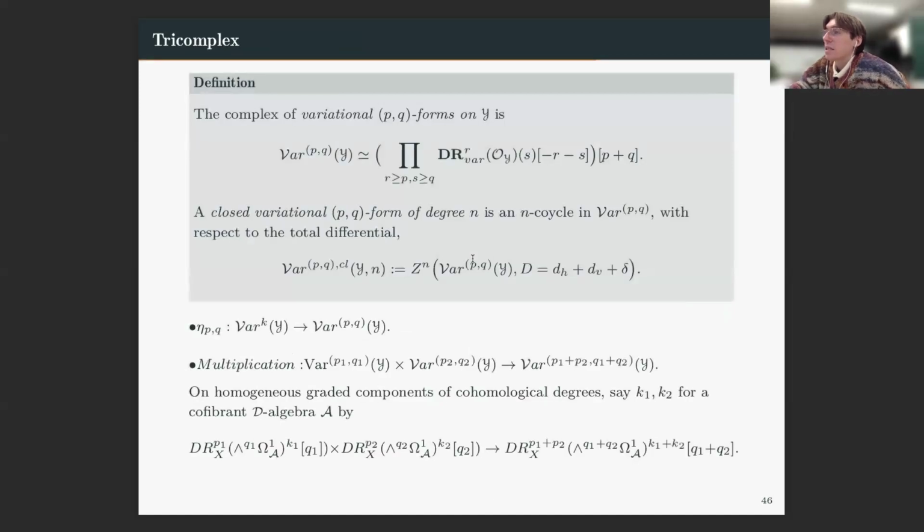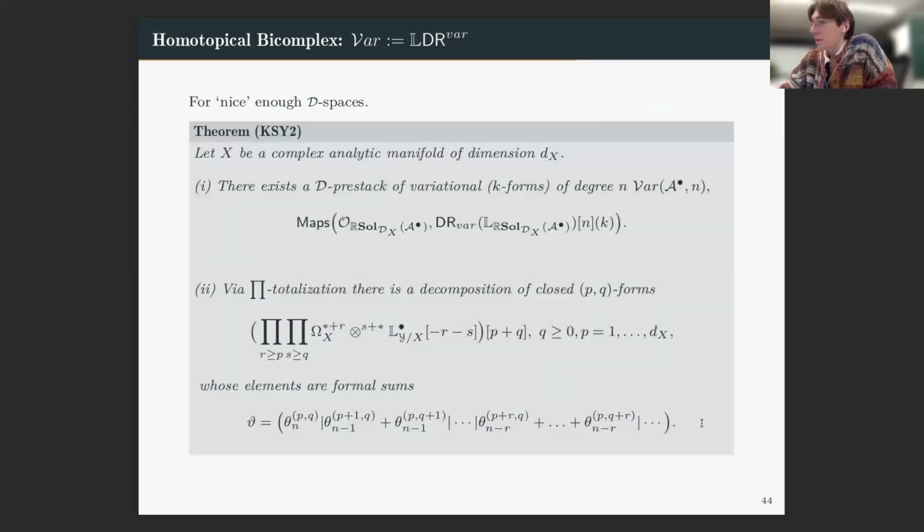And so now it makes sense to ask, in this total complex, where the differential is a sum of the three, what is a cocycle of a given homological degree? So this is an n-cocycle in this big complex of objects. And again, if you write it out, using this description of the forms here, this one is annihilated by the internal differential delta, as in the other case.